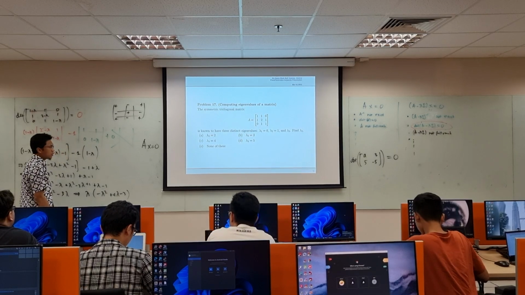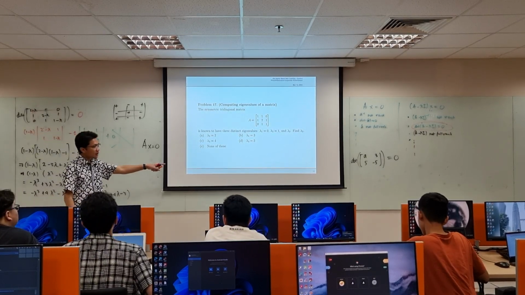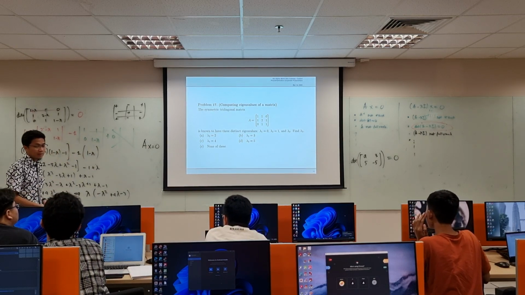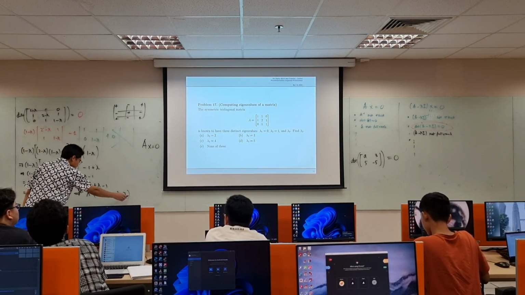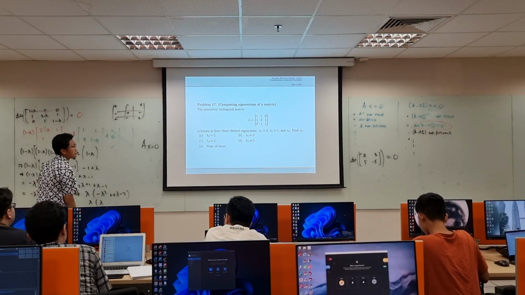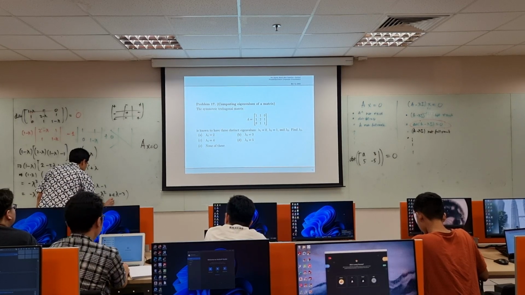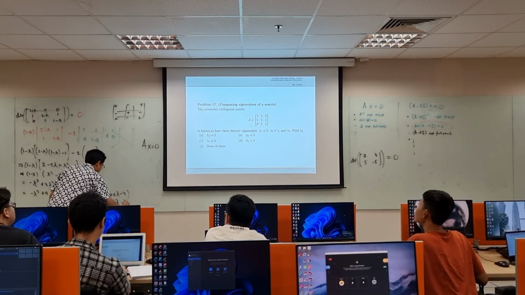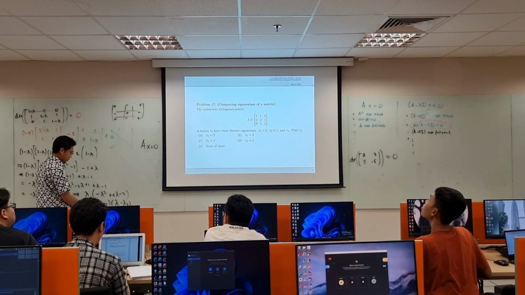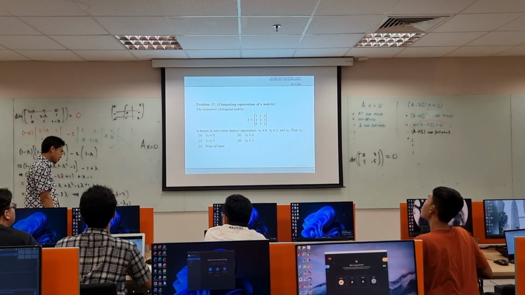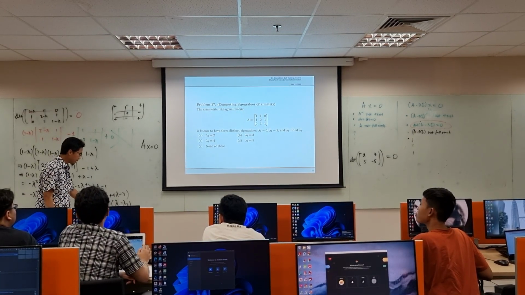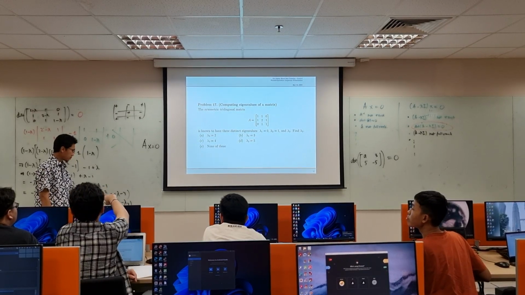Okay, so it is explained here. The lambda 1 is 0, the next one is 1, and we need to find out what's the lambda 3 here. So in this case, this equation can be written down as lambda times lambda minus 1 and lambda minus lambda 3. What do you think the result would be? Lambda minus lambda 3. Yes, 3, because the other lambda is 1, right?